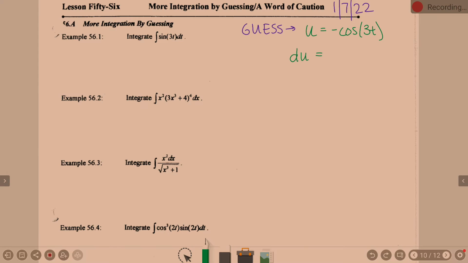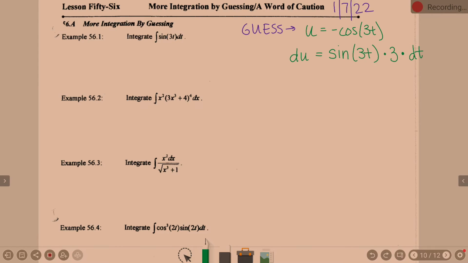So the derivative of negative cosine of something is going to be negative, negative, so in other words, a positive sine. So the derivative of this negative cosine of something is sine of something times the derivative of something. What's the derivative of 3t? 3. And then we did this with respect to t, so we're going to say times dt.